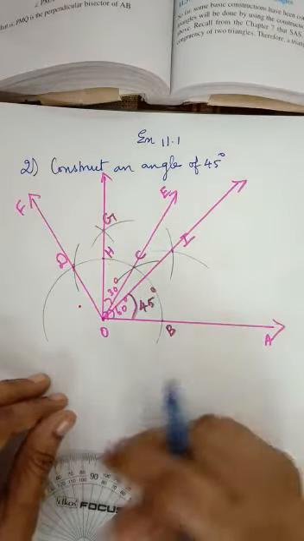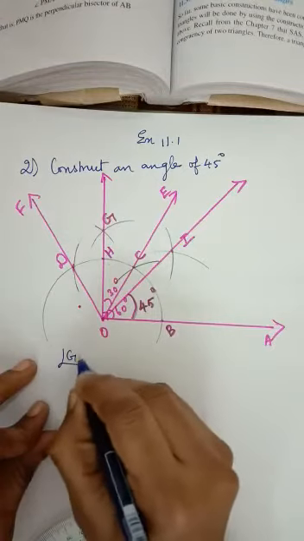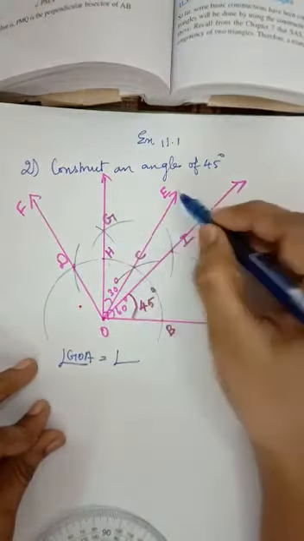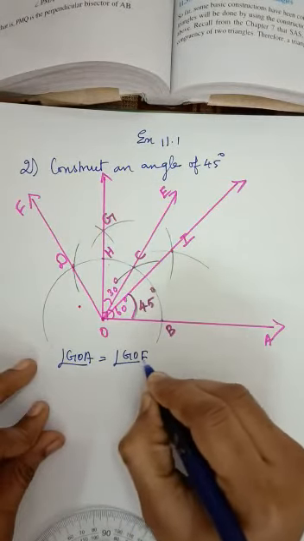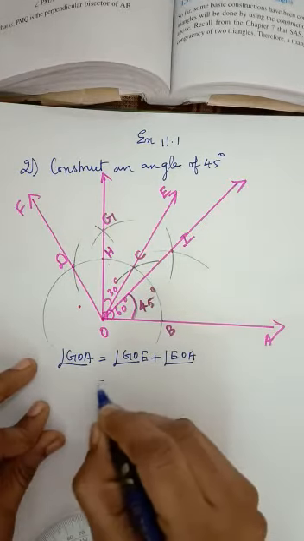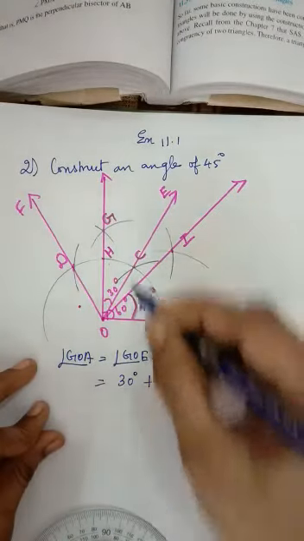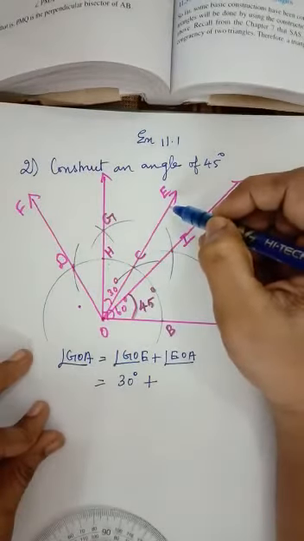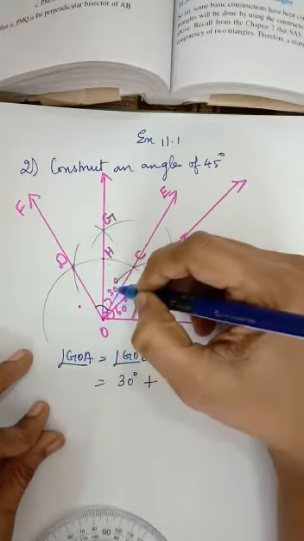Students, listen, already you have learned the steps. Angle GOA is equal to angle GOE plus angle EOA. Angle GOE is 30 degree, because OG is the bisector of angle FOE, which is 60 degree, so this will be 30 degree.